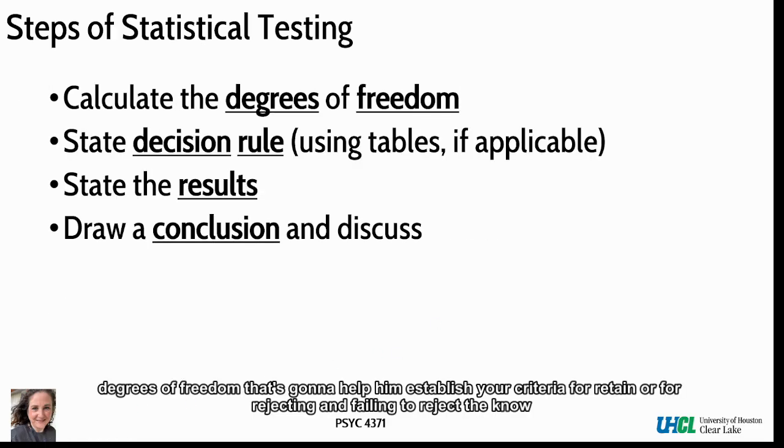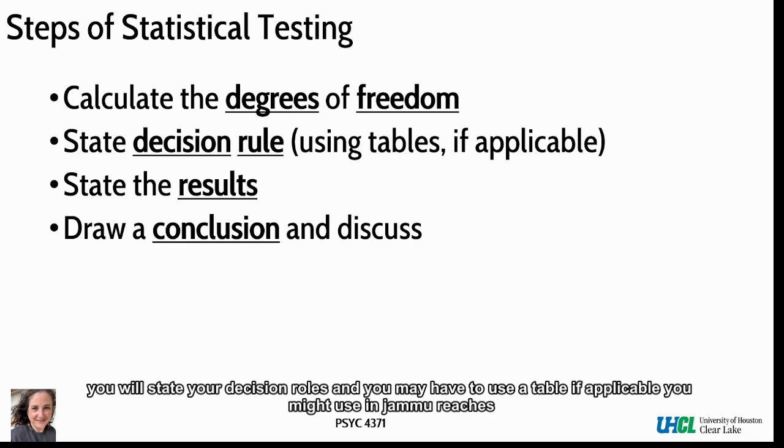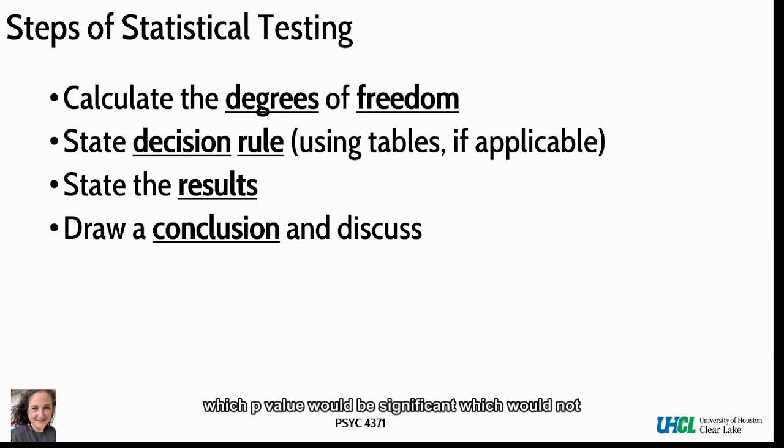That's going to help you establish your criteria for rejecting and failing to reject the null. You will state your decision rules, and you may have to use a table if applicable. You might use in Jamovi just which p-value would be significant, which would not. Then you're going to state your results, and then in a paper, you're going to draw a conclusion and discuss based on those results that you got.